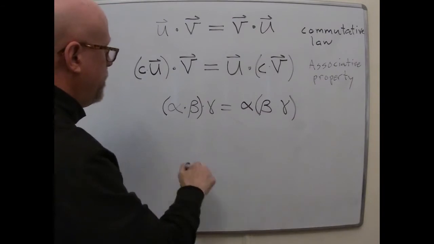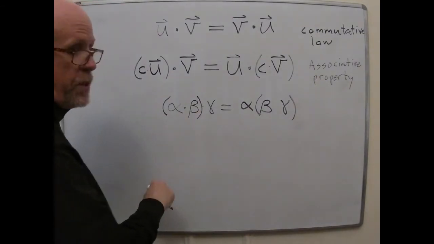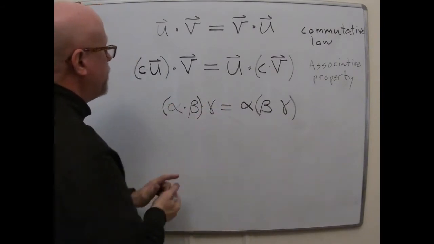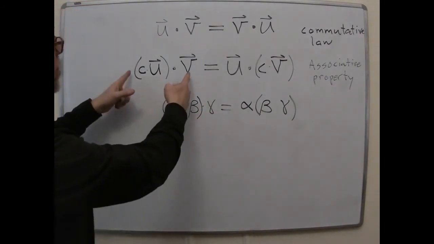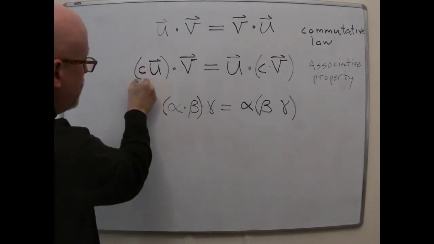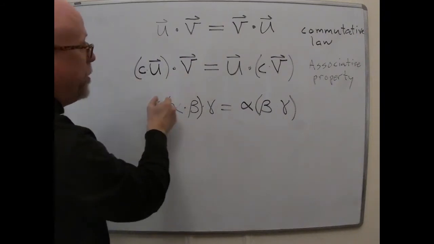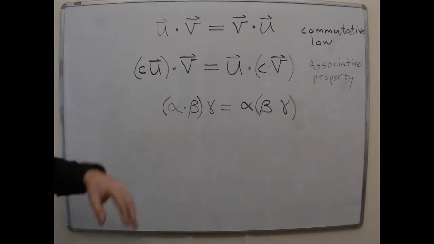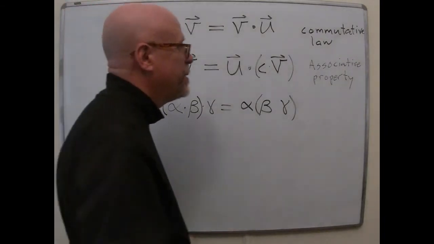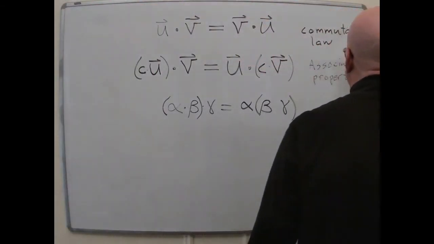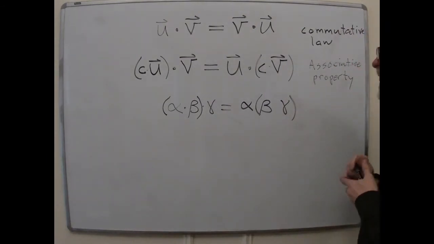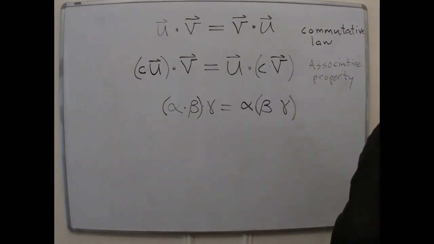And that's associativity. Each of these multiplications is the same operation, and we're just changing where the parentheses are. Here we're not only changing where the parentheses are, but we're moving the c over from in front of u to in between u and v. So calling that the associative property is strange, but I guess maybe we'll call it that just to have a name for it, but it's really slightly different from associativity.